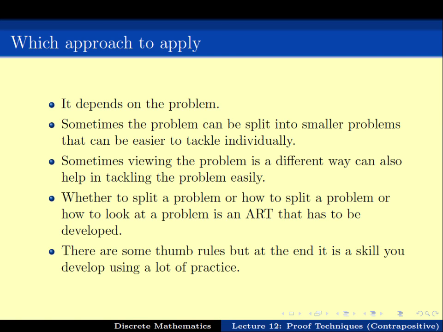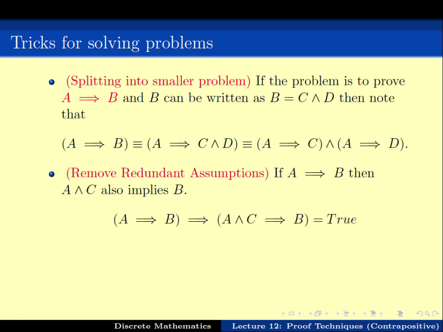Now we started with some simple observations as to how to split the problem up into smaller problems. The first two things that we saw was how to split them into smaller problems if, when proving A implies B, B can be written as C and D. In that case, A implies B is same as proving A implies C and A implies D. The second one that we saw was how to reduce or remove redundancies in the assumption.